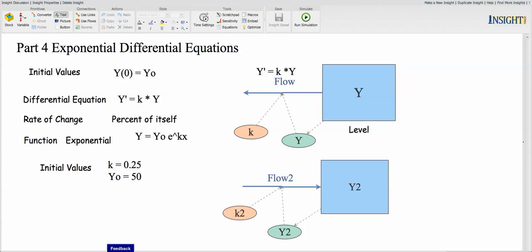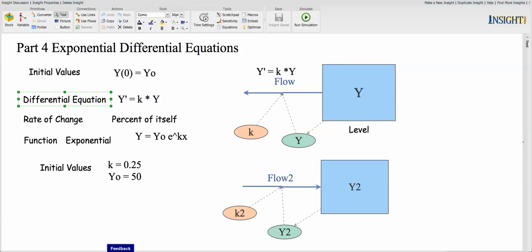Following video is part 4, the exponential differential equations. So here again in our series we have initial value of y0 equals y sub 0. So when x is 0, the initial value of y is y sub 0.